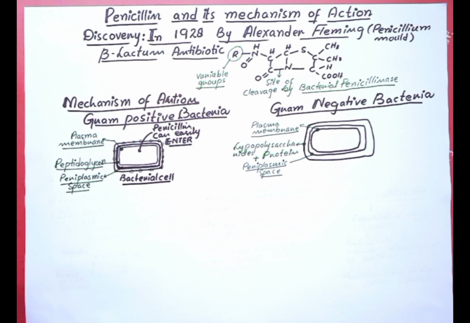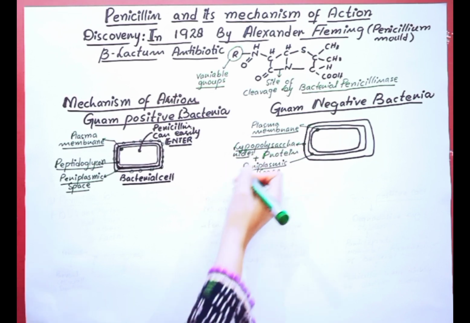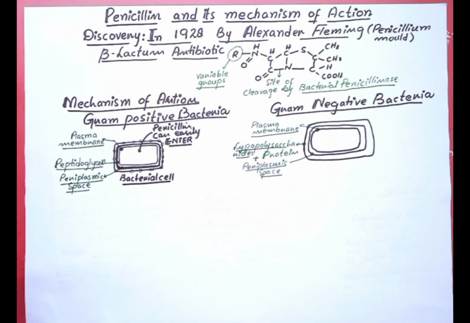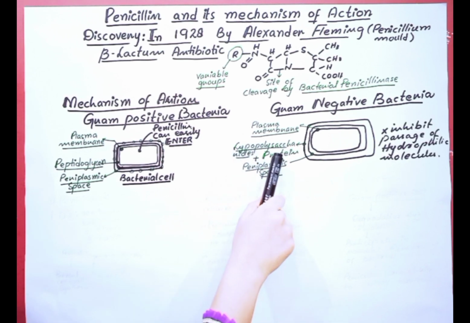Gram-negative bacteria have a thinner cell wall, but the external surface has a membrane that blocks passage of water-soluble hydrophilic molecules like penicillin. This lipopolysaccharide lipid plus protein layer inhibits the passage of water-soluble molecules. Lipo means there is involvement of lipids or fats.